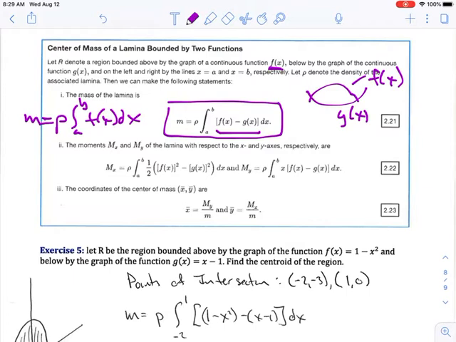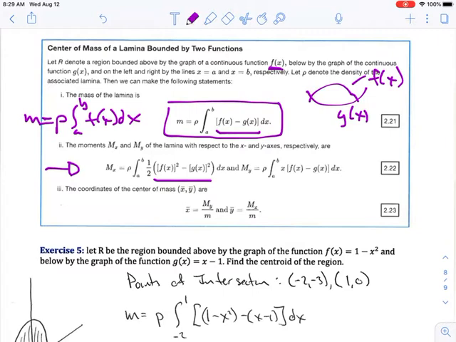Now, finding the moments about the x-axis and the y-axis is also very similar. Remember, the moment about the x-axis was the density times the integral of 1/2 f of x squared. Well, now it's 1/2 f of x squared minus g of x squared. Now, be careful.